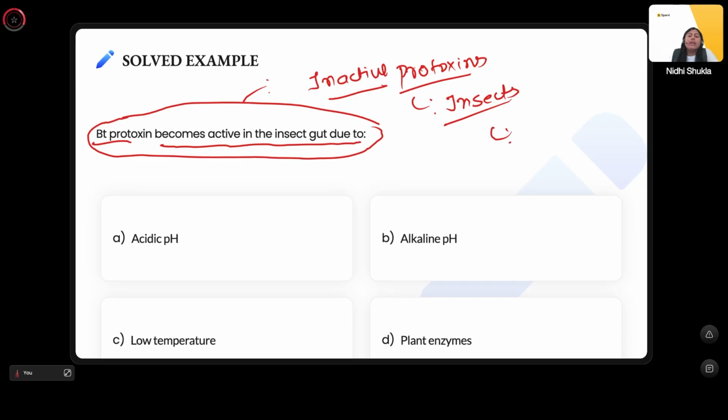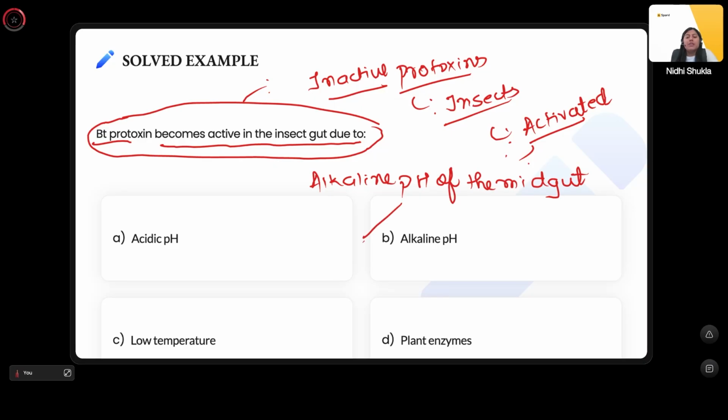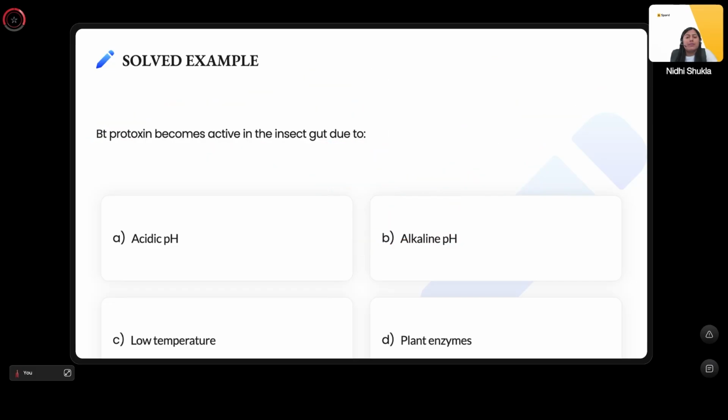Because in insects they get activated. And why do they get activated in insects? The answer is the alkaline pH of the midgut. In the insect midgut, there is an alkaline pH, and this inactive Bt protoxin gets activated in the alkaline pH of the insect.